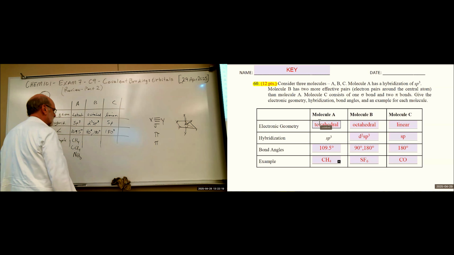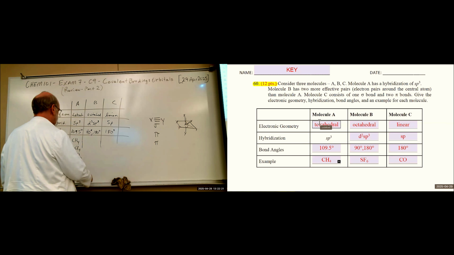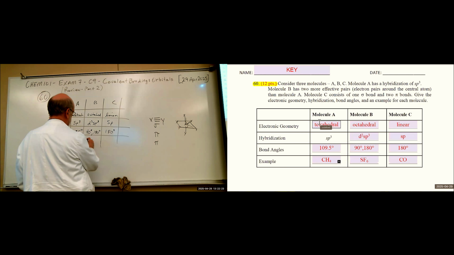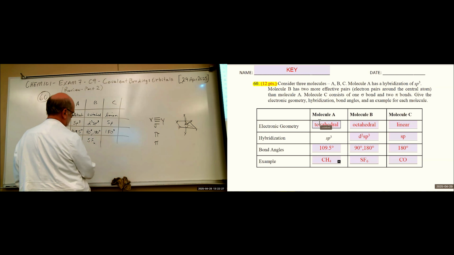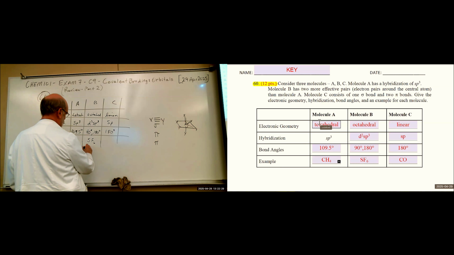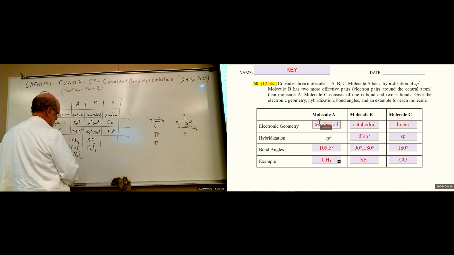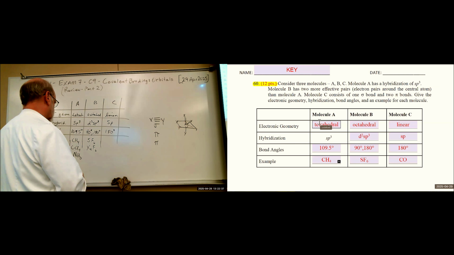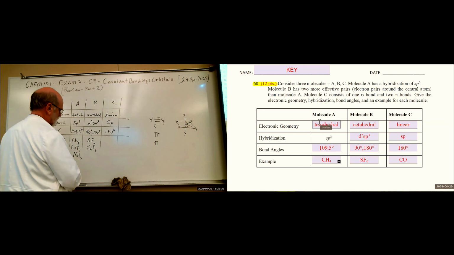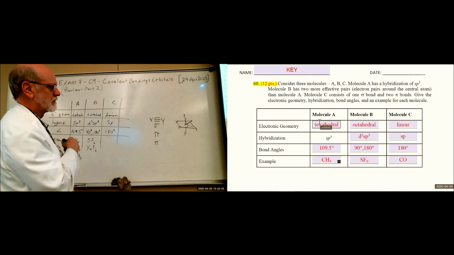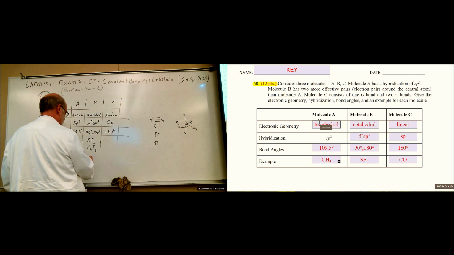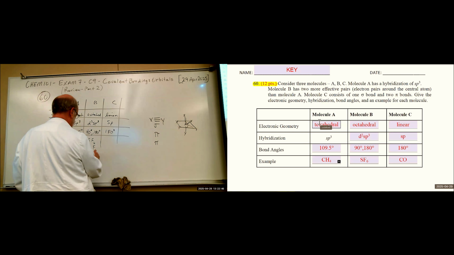Octahedral. Well, let's see. We need 6 bonding pairs. So we could do SF6. That would work. Or xenon hexafluoride. I think that would work. Let me see, would that work? That's not one of the possibilities there.